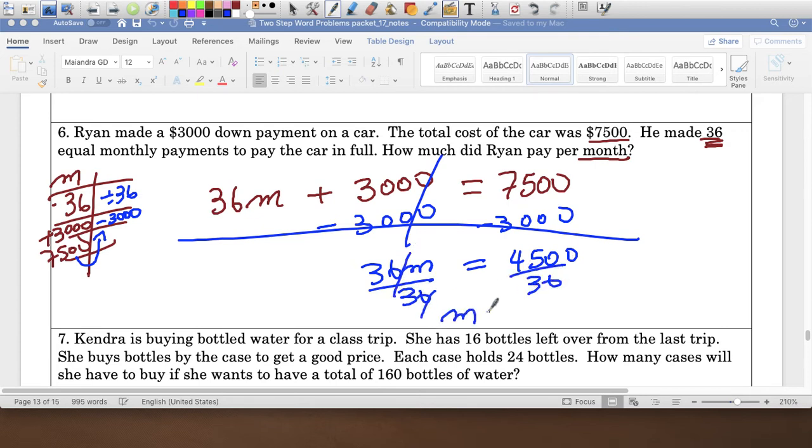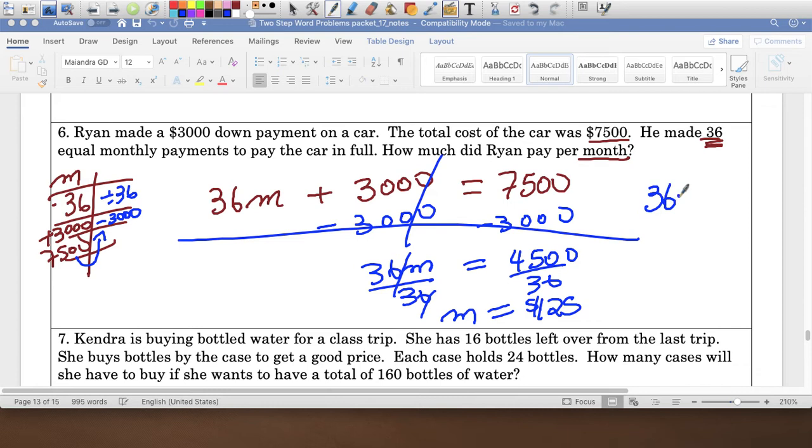And they're going to say, Alexa, 4,500 divided by 36. 4,500 divided by 36 is 125. That's your monthly payment. Every month you get to pay the car dealer $125 per month. Well, you can always check.